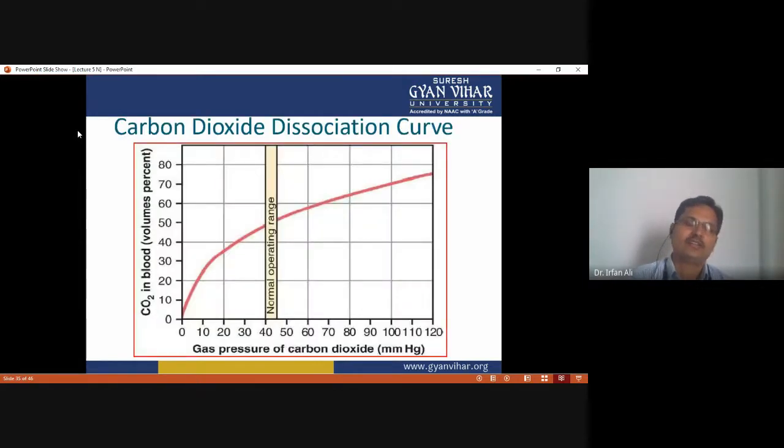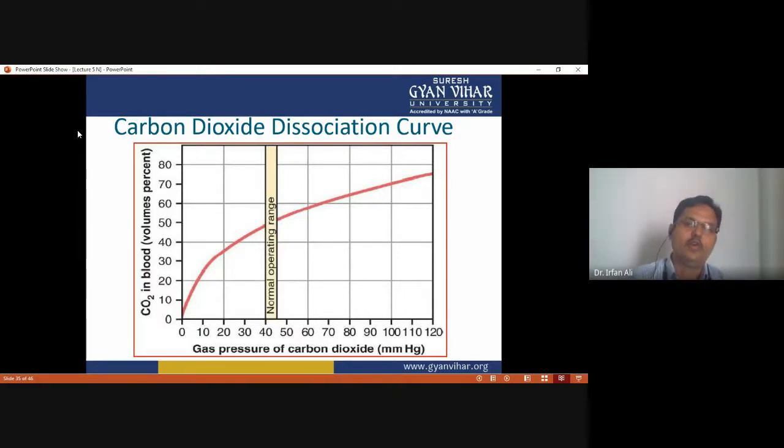and this figure is called the carbon dioxide dissociation curve. Okay, so the carbon dioxide in the blood directly depends on the partial pressure of carbon dioxide. Okay, and the normal operating range of carbon dioxide transport is shown here.